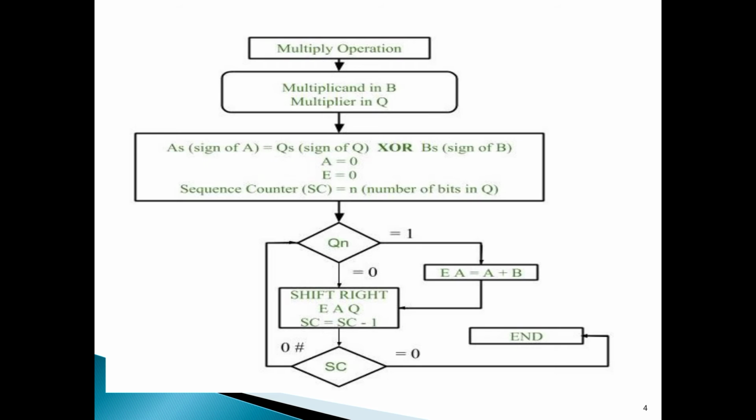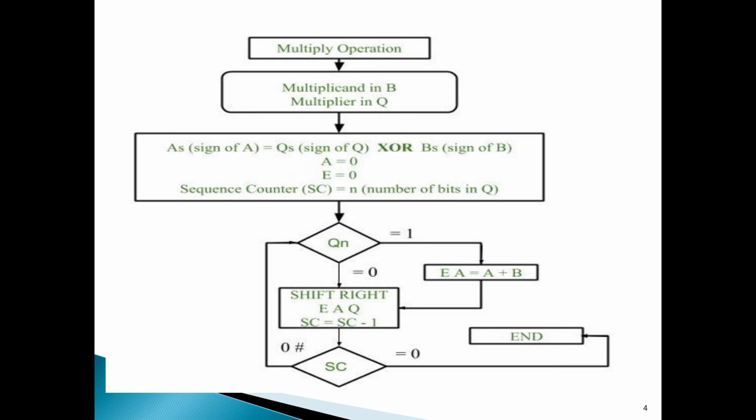Every time we check the least significant bit: if it is 1, choose this way; if it is 0, choose this way. So what is Qn? It is the least significant bit of the multiplier.